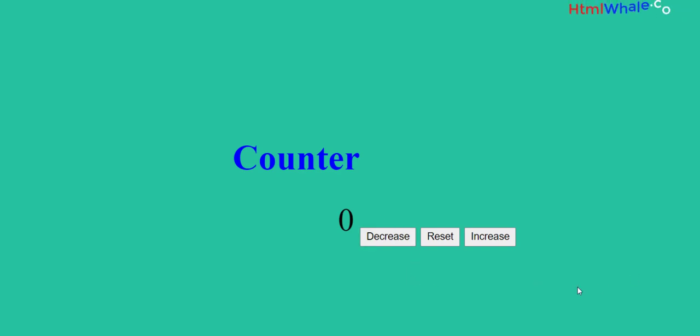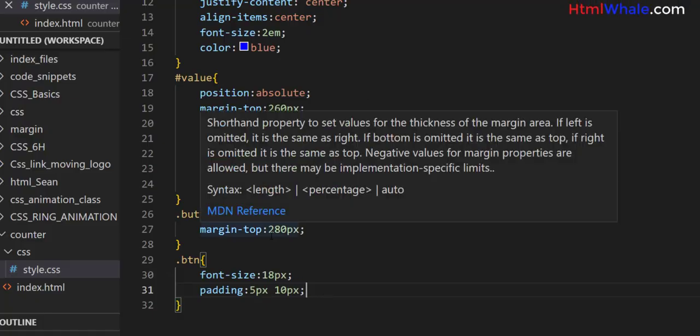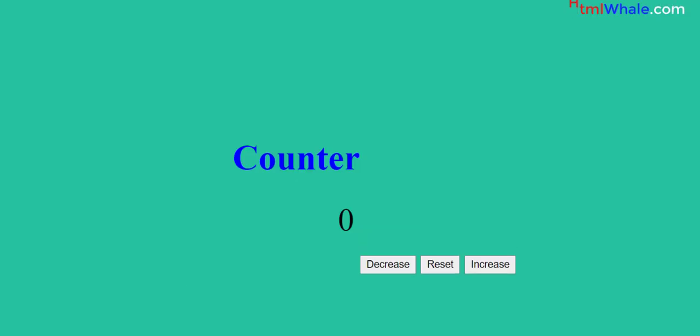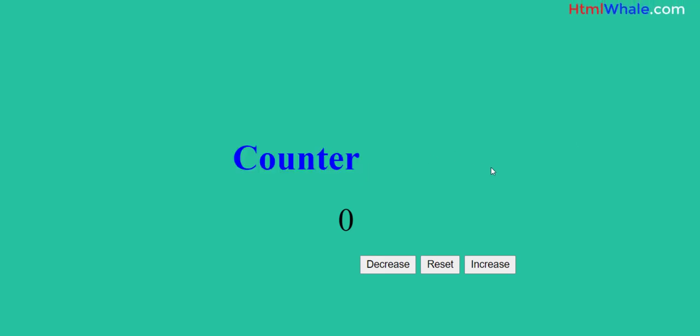And you can actually push the button down, push the container down. You can also move this H1 a little bit away, right? So you can do all those things depending on what you like.